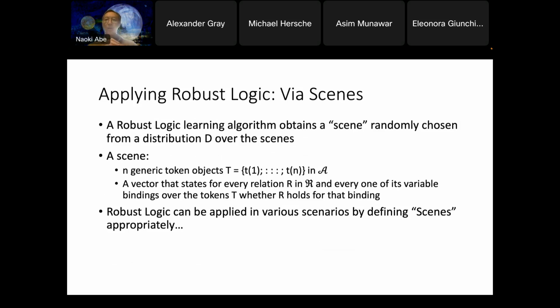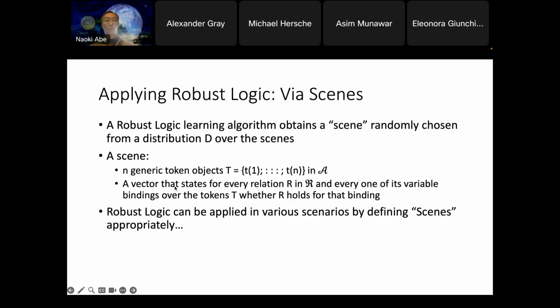But how is it possible to apply robust logic to these varied application scenarios? That's done through something called scenes, which Leslie talked about yesterday. So what is a scene? Basically, a scene consists of a number of objects or tokens in the world.